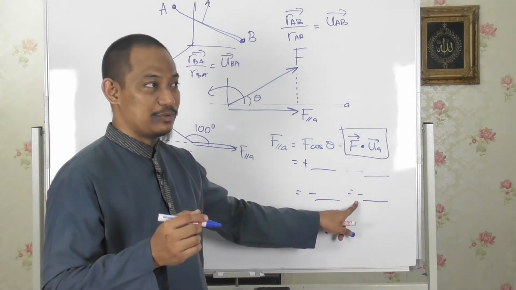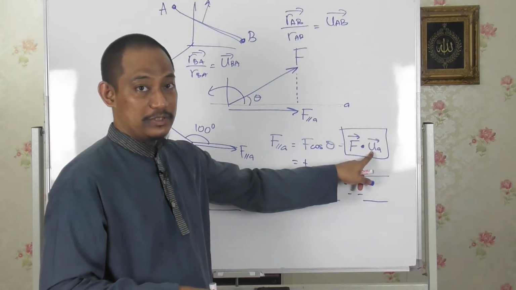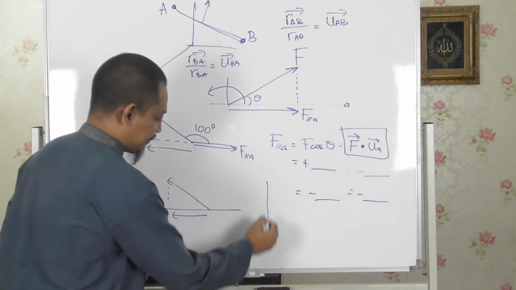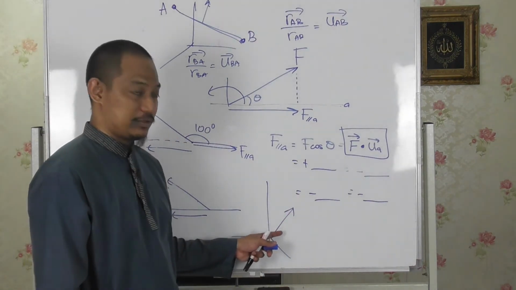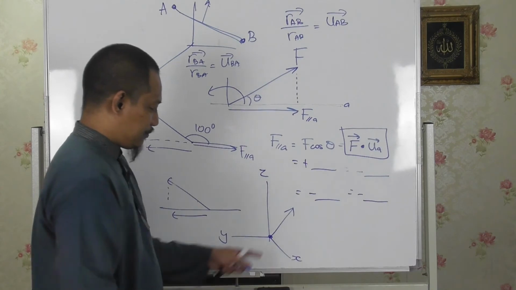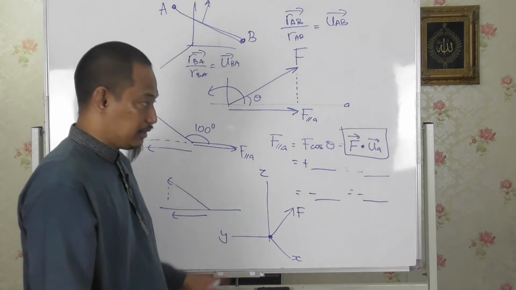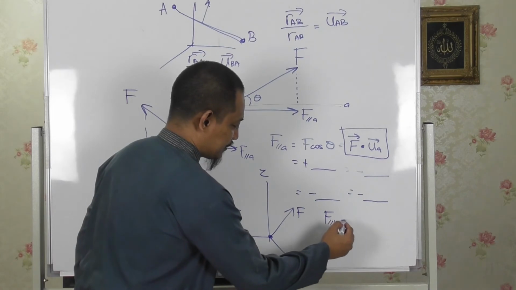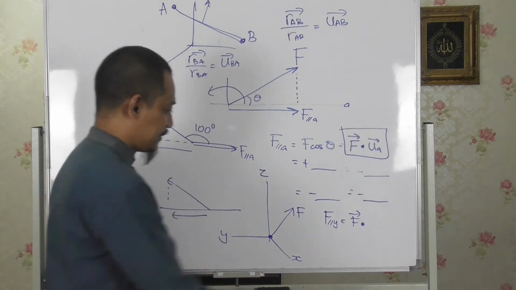I know most of us do not realize that we already assume a direction when we use a unit vector. Even if you have a force at the origin and I ask what is the projected component of this force along the x, y, z axes, say along the y axis, I can use the vector f dotted with the unit vector of y, which is j.